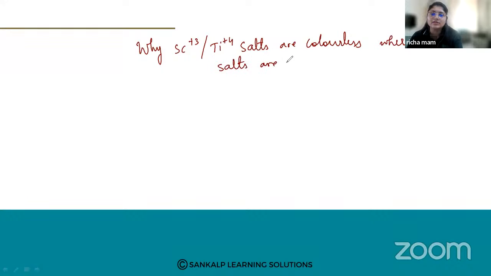Why are scandium plus 3 and titanium plus 4 salts colorless, whereas chromium plus 3 salts are colored? Give me the reason. This is a 2-mark question.